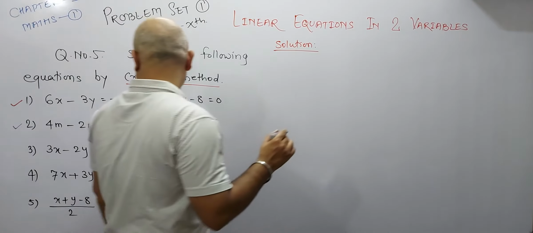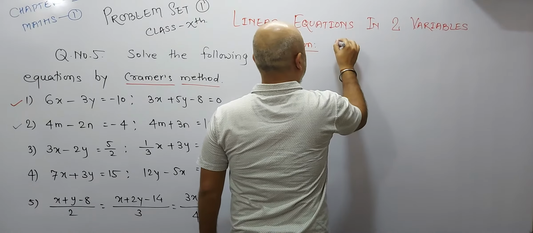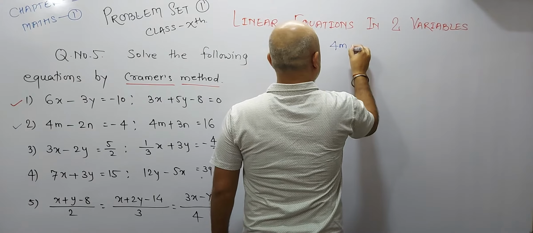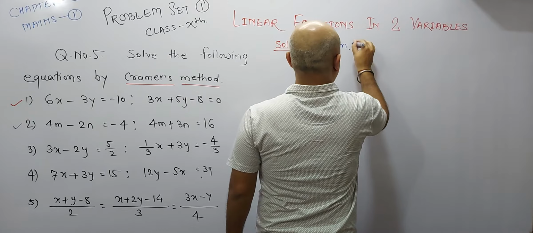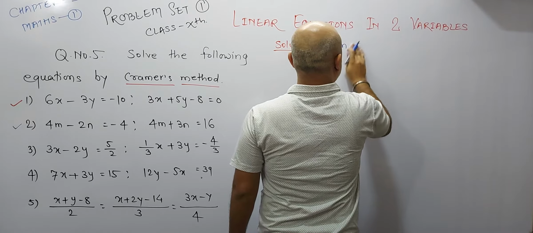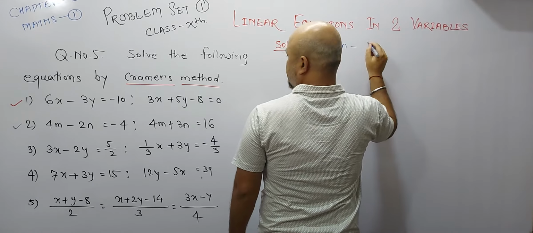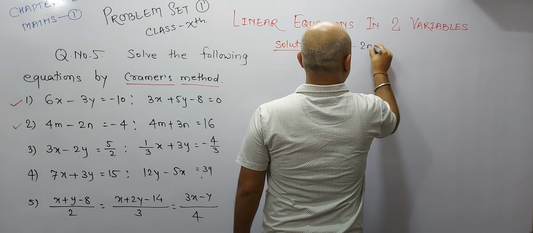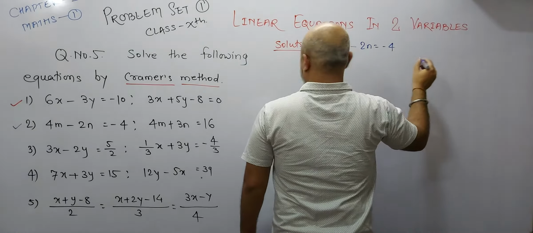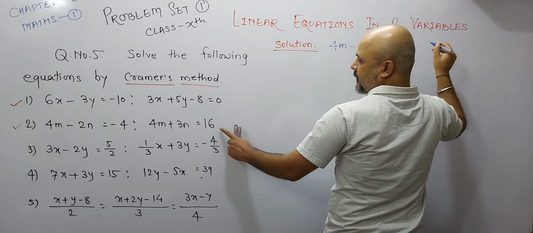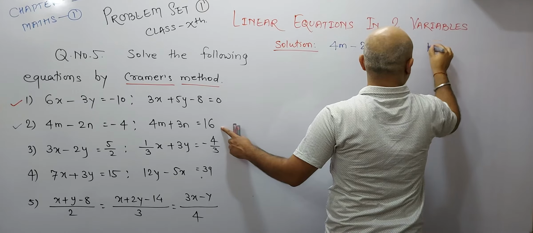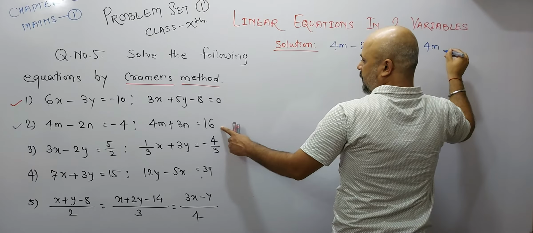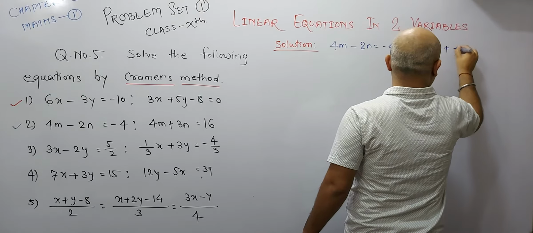So the second question is 4m minus 2n is equal to minus 4, and the second equation is 4m plus 3n is equal to 16.